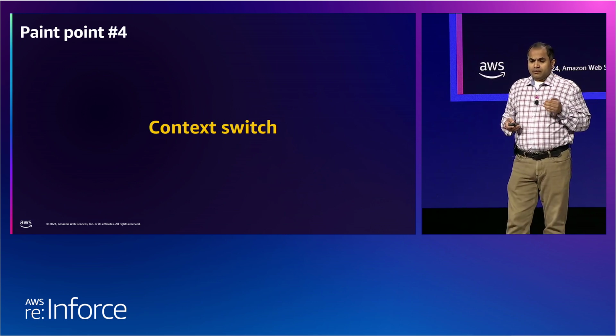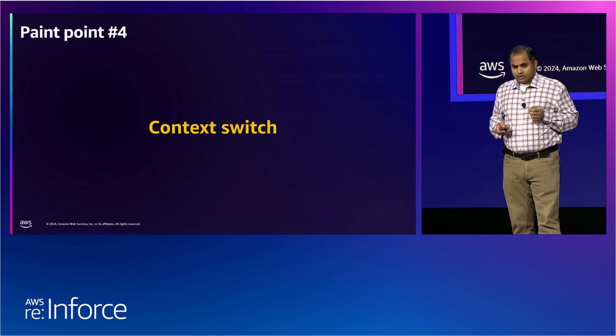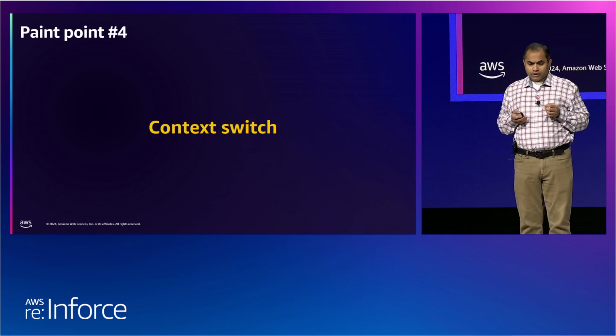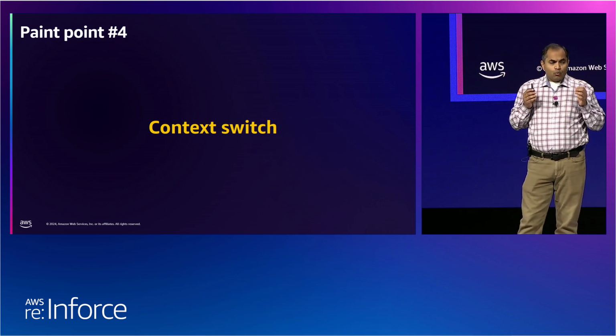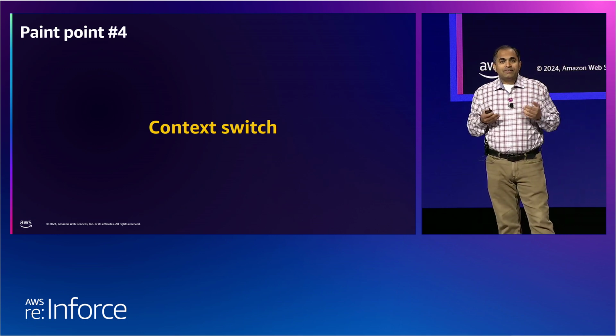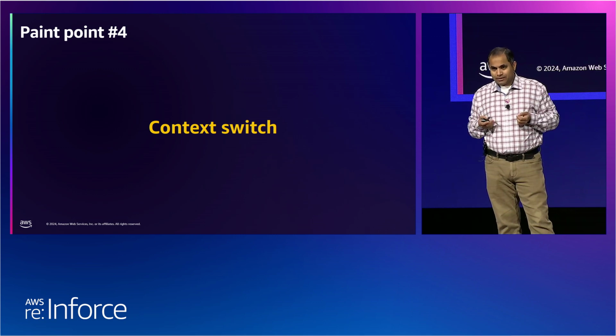Another pain point was the context switch. We talked to developers and to our customers, and we asked what the best way would be for running this security scan. Developers said maybe the best would be if I don't have to run the security scan.